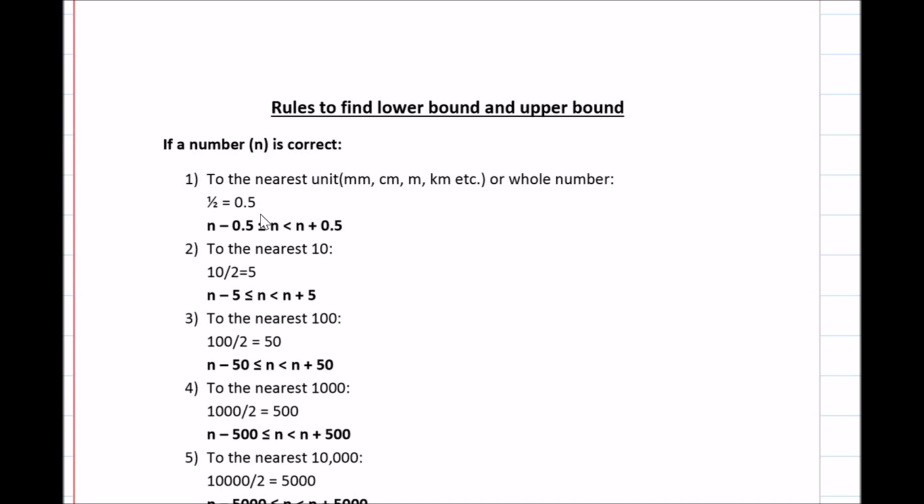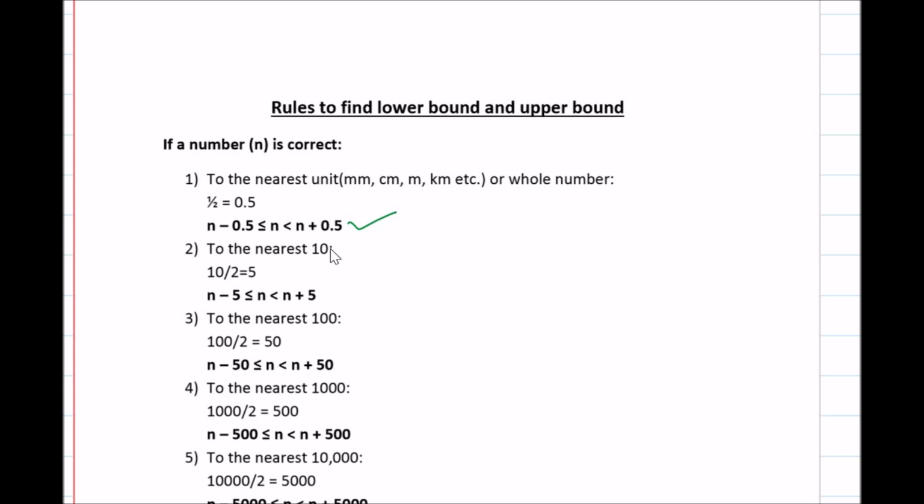That means we need to subtract 0.5 from the given number to find the lower bound, and to find the upper bound we will add 0.5. This is the rule. So n minus 0.5 gives us the lower bound and n plus 0.5 gives us the upper bound.